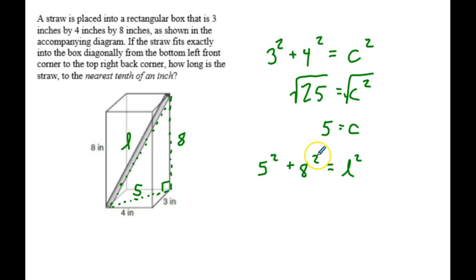So if we take 64 plus 25, that's going to be equal to 89, is equal to L squared. Now to get L by itself, we take the square root. And in this case, we're going to get a decimal. So if we plug this into our calculators and round to the nearest tenth of an inch, we would get L is approximately 9.4 inches.